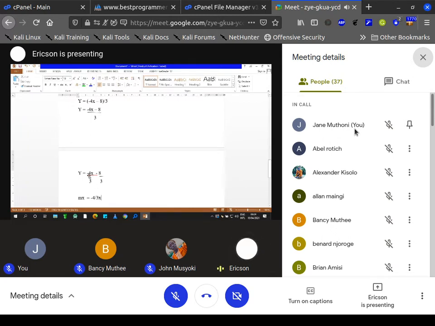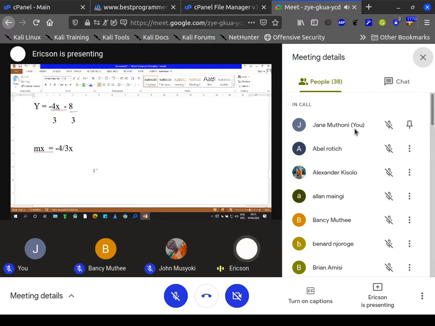Basically, I'm just trying to avoid having these lines, but the m is negative 4 over 3, that's the mx. It's basically the same. Let this form not confuse you. Again, I've told you, don't use the separator. Don't let this confuse you. Just write it this way. So the mx is negative 4x divided by 3.